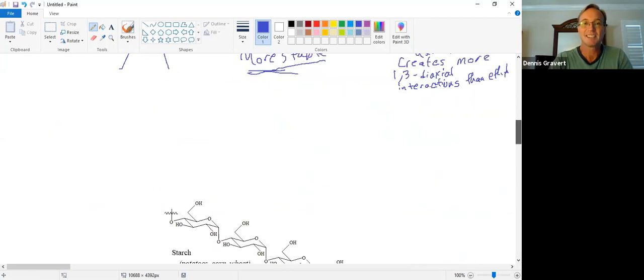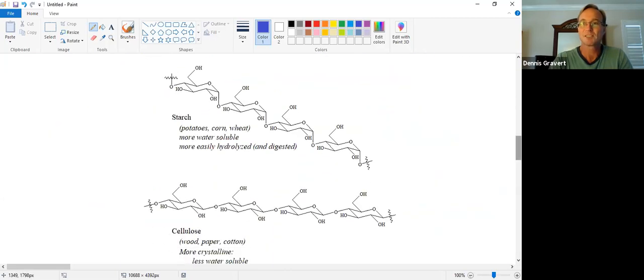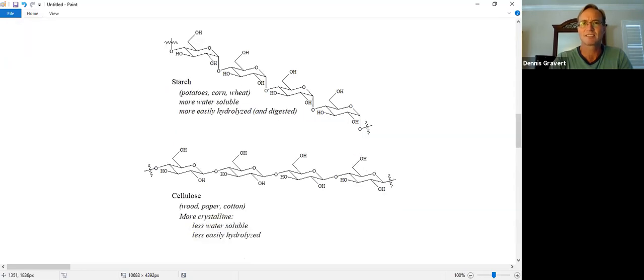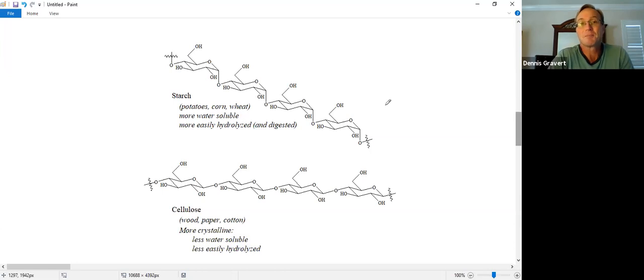All right, last idea, a little justification. How come we're doing this? Does it really matter? Yeah, here's an example where it matters. So take a look at this structure here. This is a repeating structure, a polymer. This is actually two biopolymers, biological polymers, that are better known as starch and cellulose.